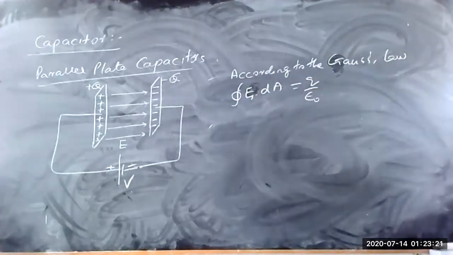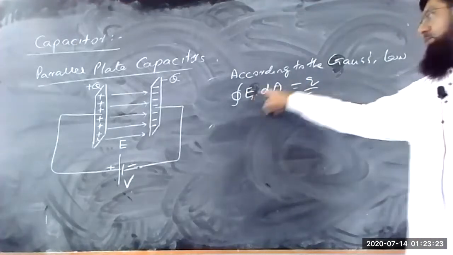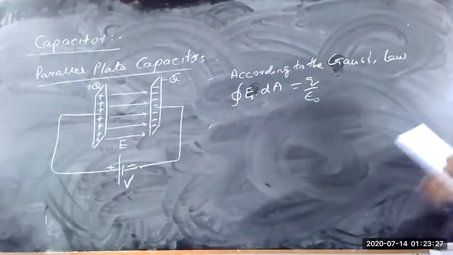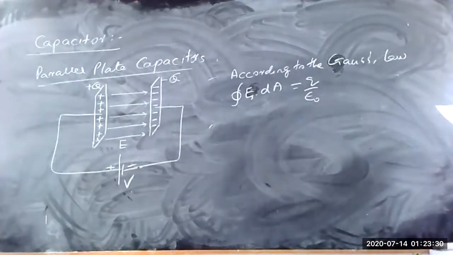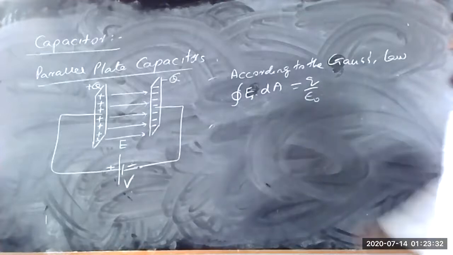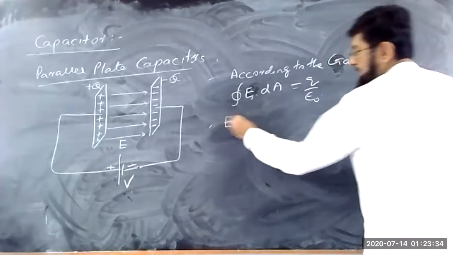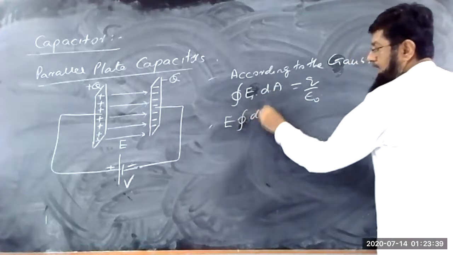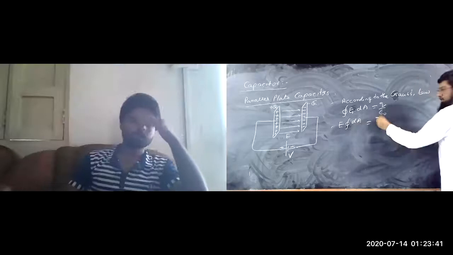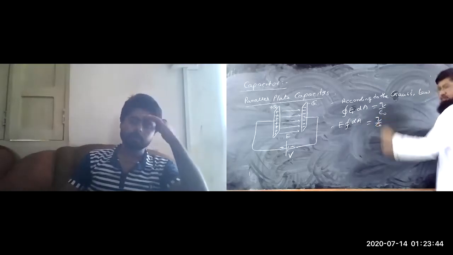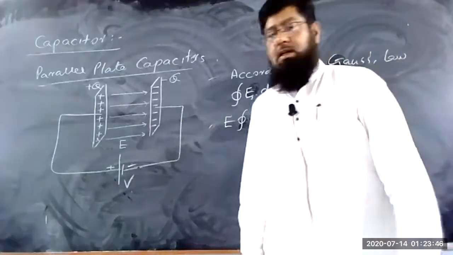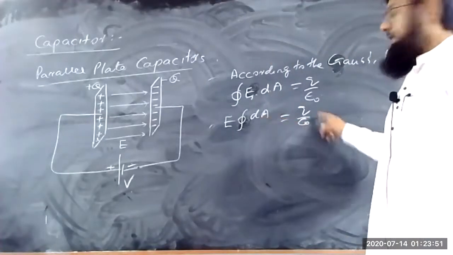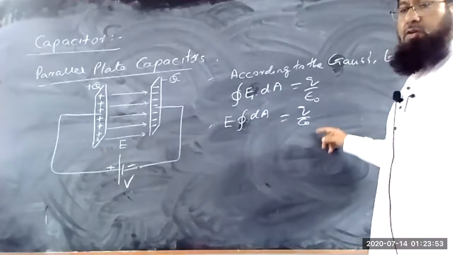This is Gauss's law. The electric line of force passing through a unit area is equal to Q upon epsilon naught. So this is what we call Gauss's law. So the integral of E dot dA is equal to Q upon epsilon naught.